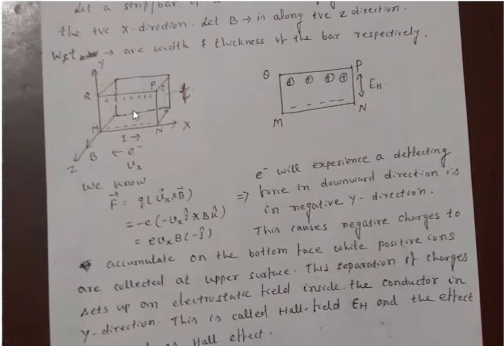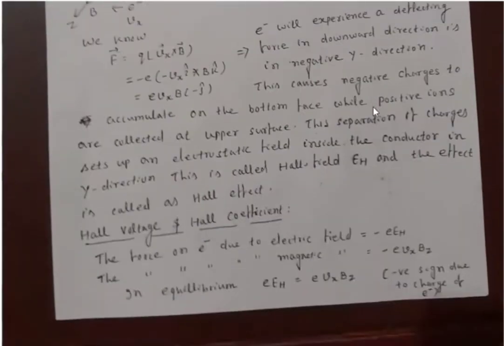So like this, the positive ions are accumulated here and the negative charges are accumulated here. Because of this accumulation, an electric field is developed between these two, and that electric field is called the Hall electric field. So the applied electric field is along the x-axis, but the Hall electric field is along the y-axis. And the effect is called the Hall effect.